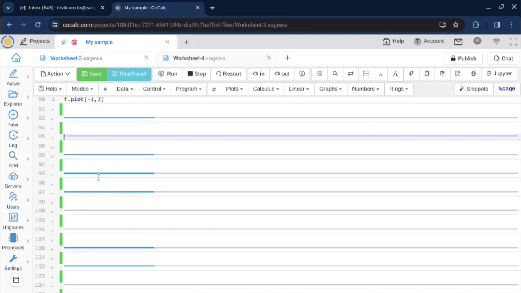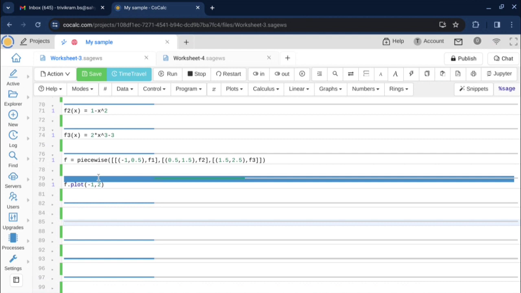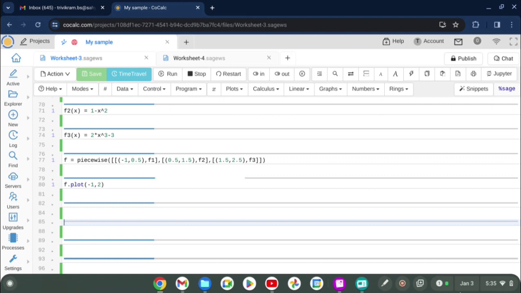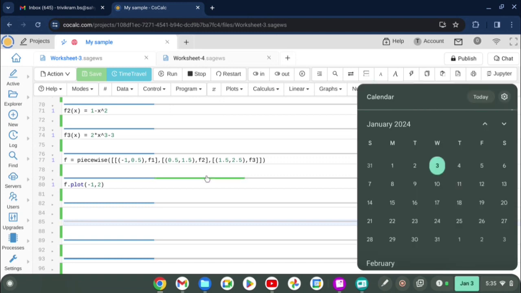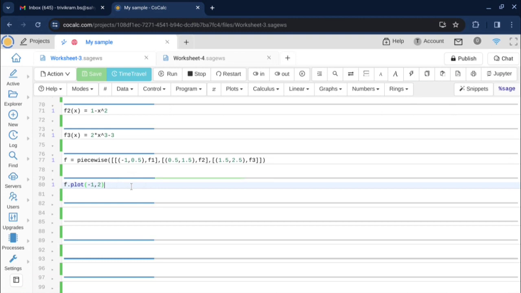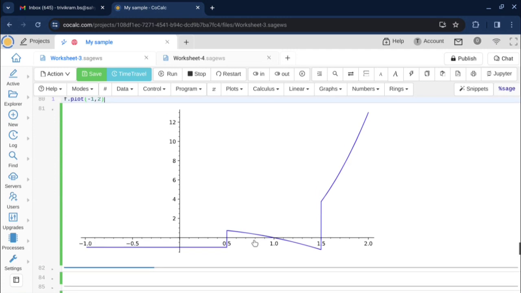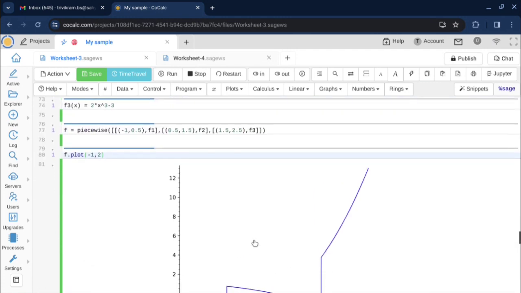So if you observe this graph, just it is taking time. Let us see. So if you observe this function, I have mentioned minus 1 to 0.5 function.